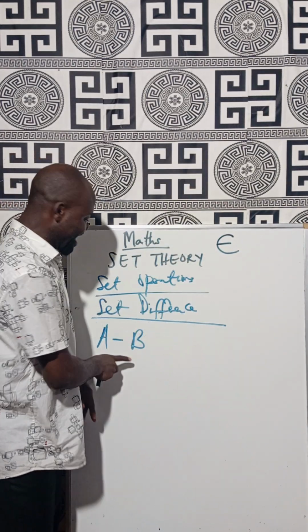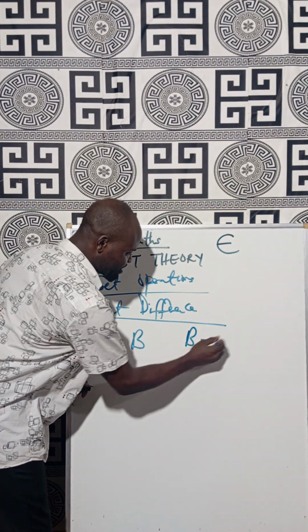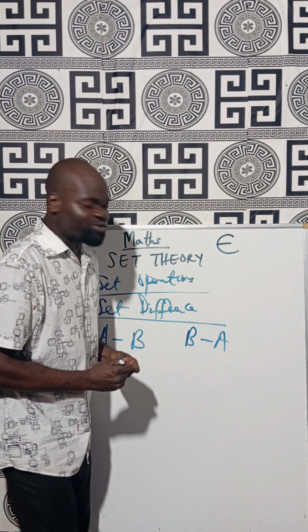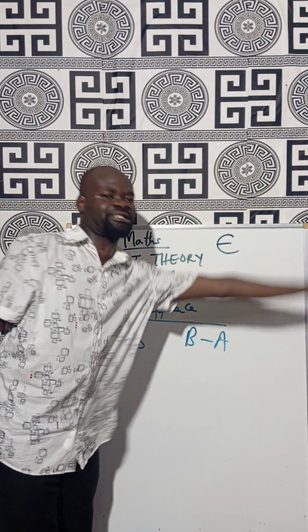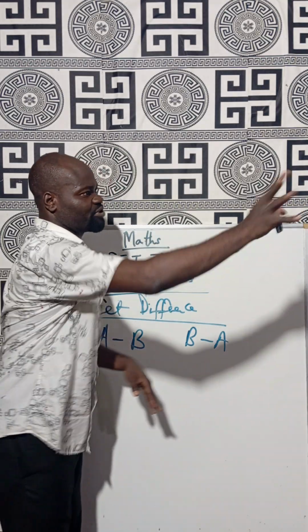That's A minus B. The same thing goes for B minus A. It means the elements you can see in B but not in A, because minus A means not in A.